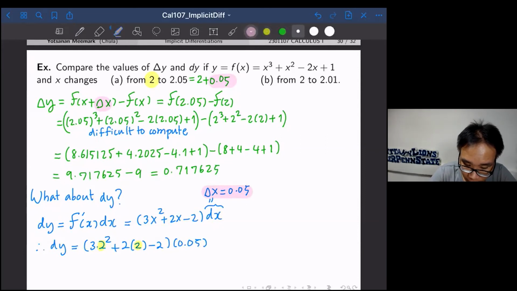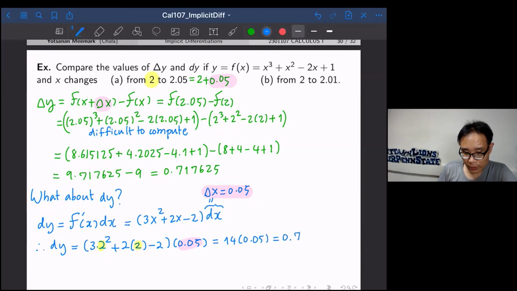So in this case, you would have dy equal to 14 times 0.05, and this will be 0.7.